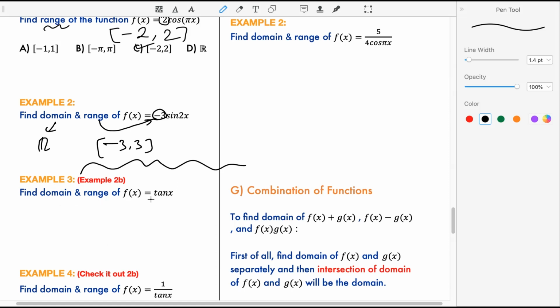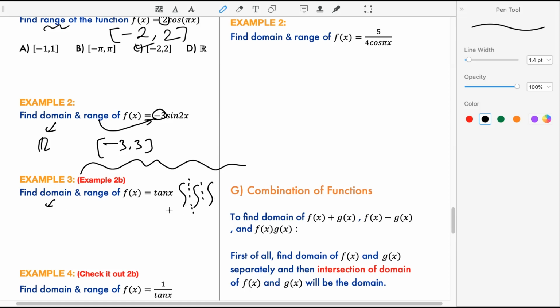Now, domain and range of tangent. Remember the tangent function. It is something like that, and it keeps going infinitely. But there are asymptotes, if you remember. There are some excluded values. What are these excluded values? We're going to write the domain as all real numbers minus those excluded values.